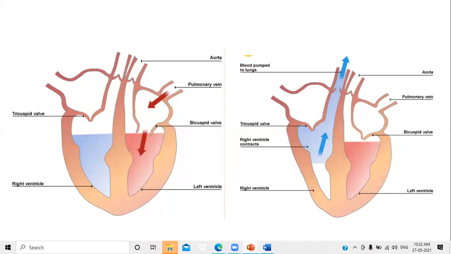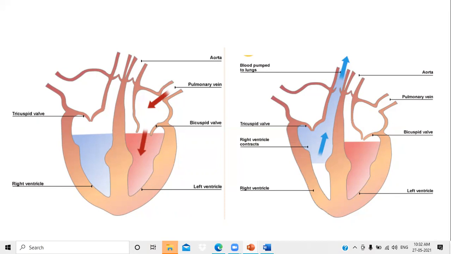Why? Because the pulmonary artery will bring this deoxygenated blood to the lungs. Why? To fill up with oxygen. So this is half of the journey.